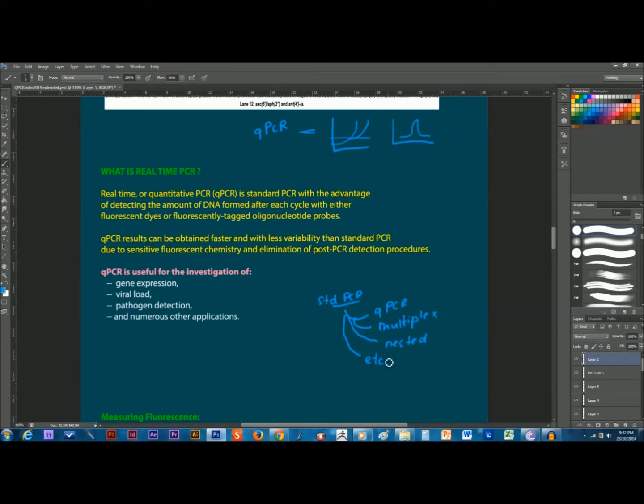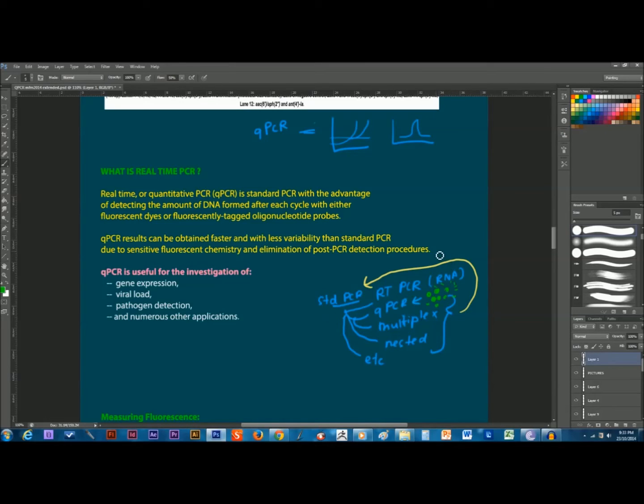For example, reverse transcriptase PCR, for RNA virus, for example. All these variants of PCR use the same principle and same mechanism as the standard PCR. For example, in real-time PCR, we just add the fluorescence dye that can be analyzed in real time during the PCR process itself.